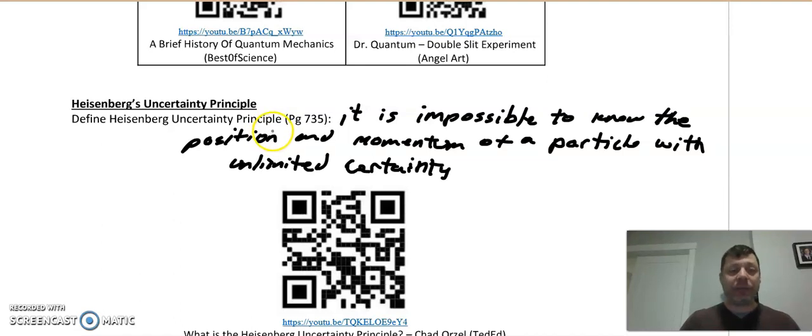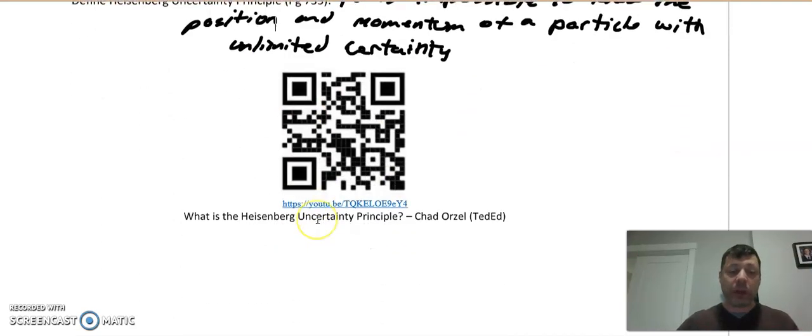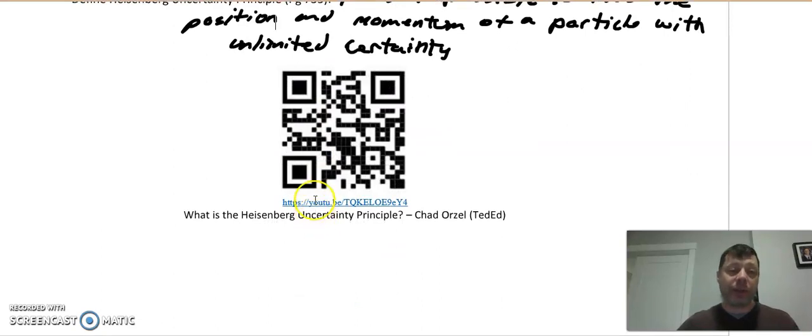Or your speed, right? If you've got the position down, you're not knowing the speed, again maybe a couple of millimeters per second, but if you're going 40 kilometers over the limit, they're going to give you a ticket anyway, so it's not very helpful for that. It's the same idea, but when you get down to things this tiny, it actually has a pretty big impact. So here's another video for you to watch.